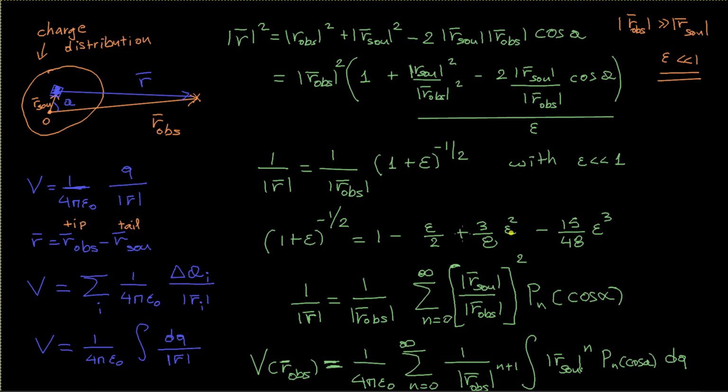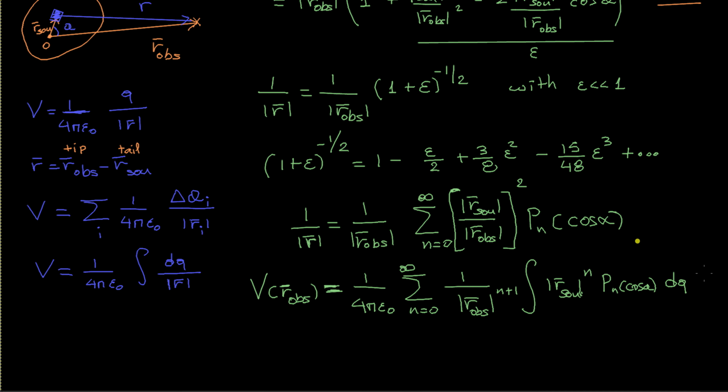Of course, you have more terms, but I just did not write them. So I get this for 1 plus epsilon to the minus 1 over 2.